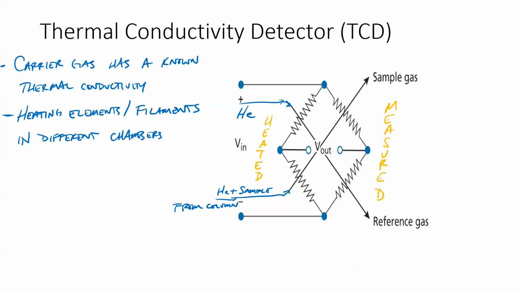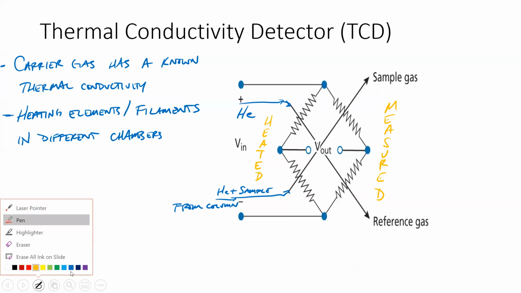The way that the detector works is that the reference gas should not change ever, right? The amount of energy going through shouldn't ever change.